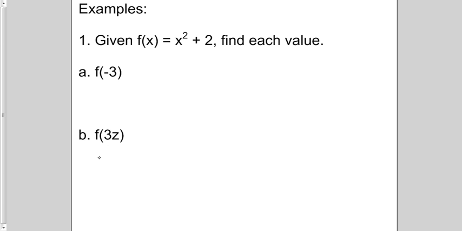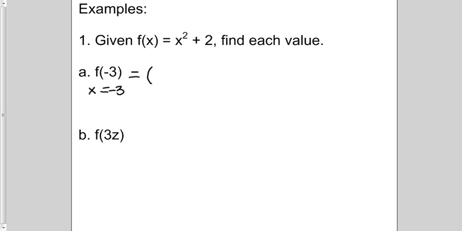All right, here's an example of where we have to evaluate a function written in function notation. So given f of x equals x squared plus 2, find each value. Well, they want us to find in letter A f of negative 3. Now, negative 3 here is really just replacing the x value. So what this means is plug in negative 3 for x. And if you look at our function, it's x squared plus 2.